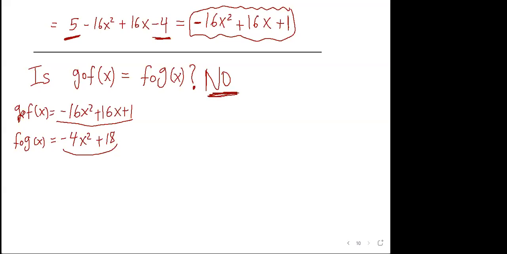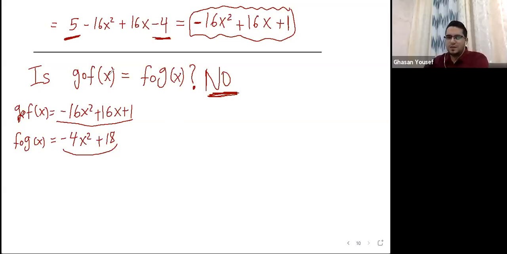Sometimes the expressions turn out a little similar, and they can be tricky. So can we plug in numbers to see whether they're equal or not? Yes, you can sometimes plug numbers like 1 or 2. But I said here, Iman, this is in general.